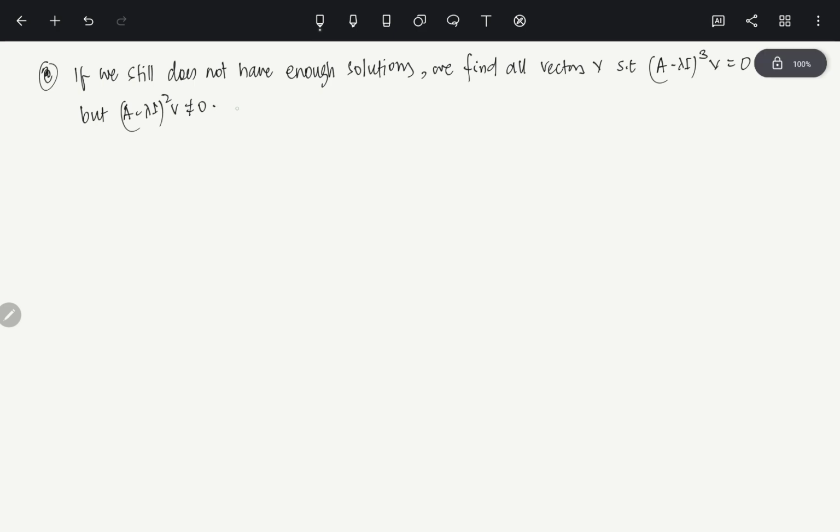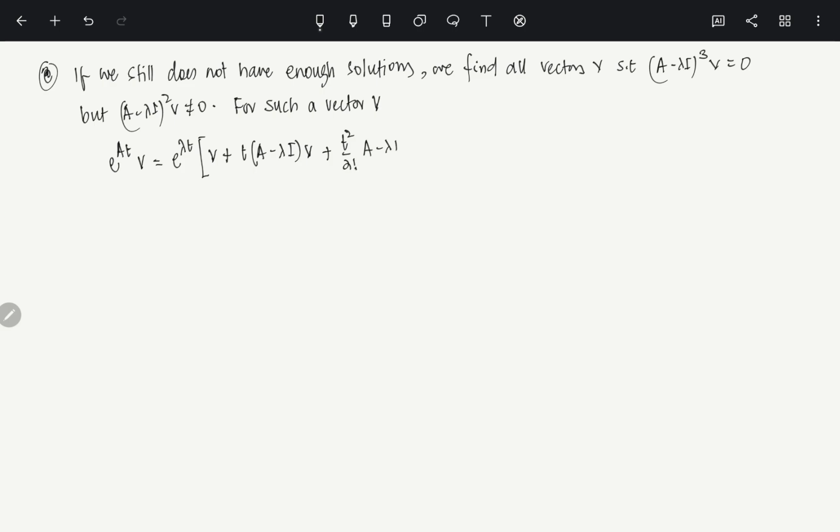So for such a vector v, what do you have? e to the power At times v is nothing but e to the power lambda t times v plus t times (A minus lambda I) v plus t squared by 2 factorial (A minus lambda I) squared v. Clear?